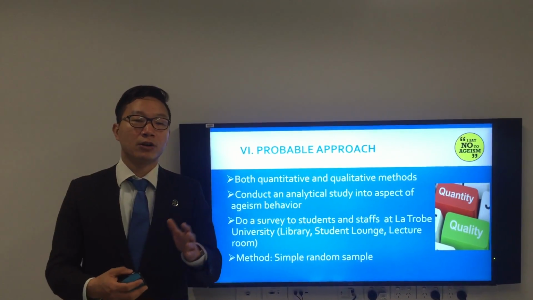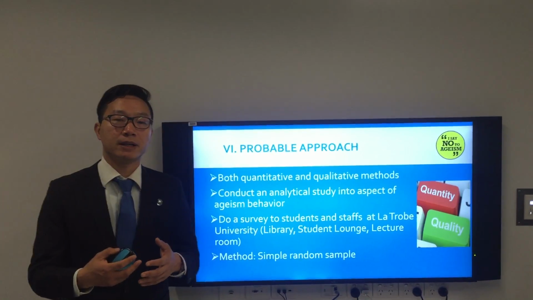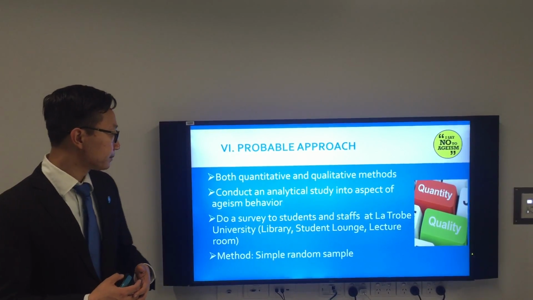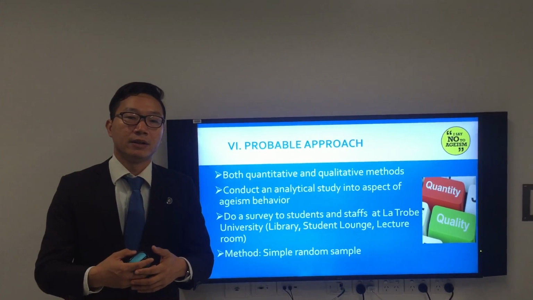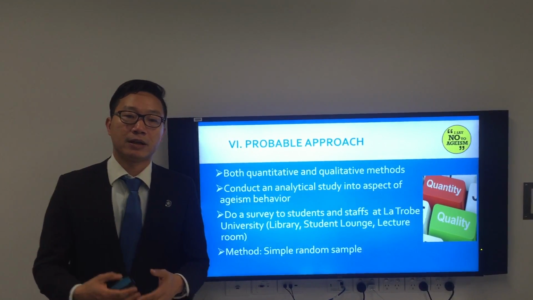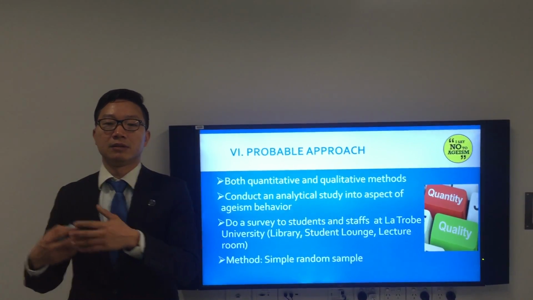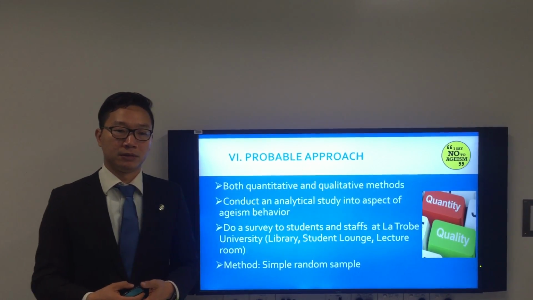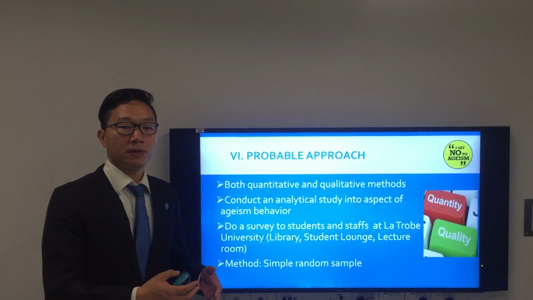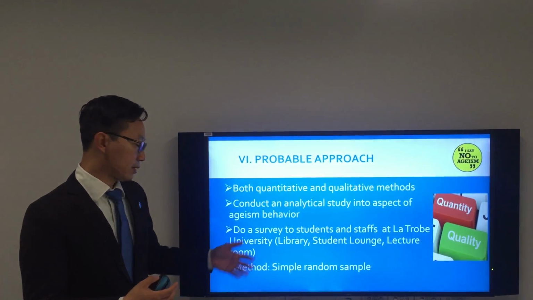Firstly, we can conduct a practical study into aspects of ageism behavior. So this research will do a survey of 400 people at La Trobe University. They could be staff or students at La Trobe, both male and female. A simple random sample is used in this research.